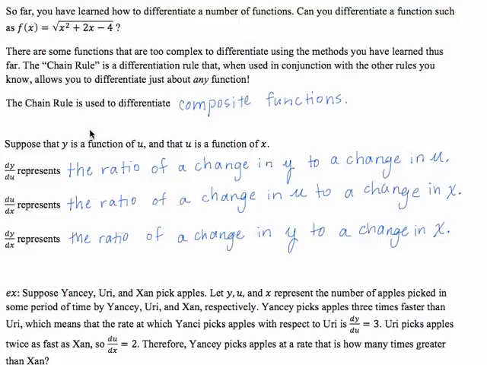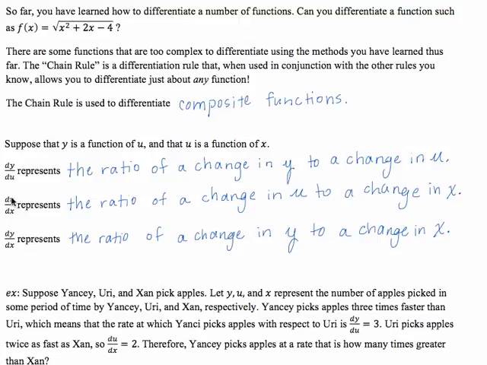So if y is a function of u and u is a function of x, that is, y is a composite function of x, then dy du is the derivative that represents the rate of change of y with respect to u, or another way to think of it that makes more sense in this context is that dy du represents the ratio of a change in y to a change in u, right? And du dx represents the ratio of a change in u to a change in x, and dy dx represents the ratio of a change in y to a change in x.